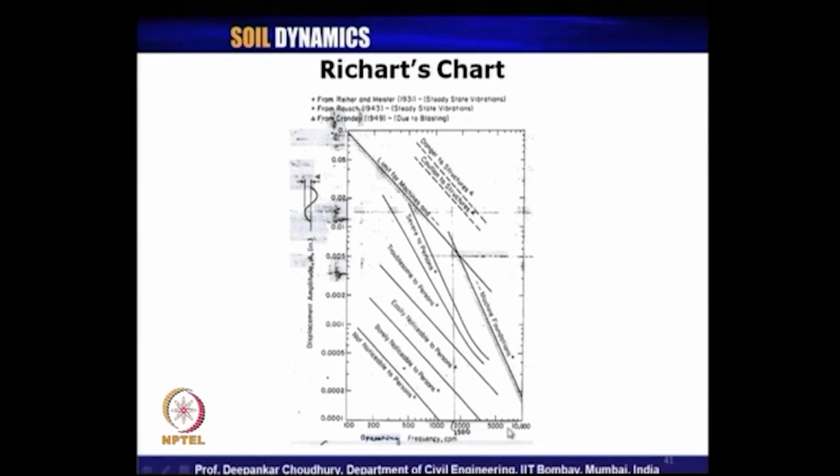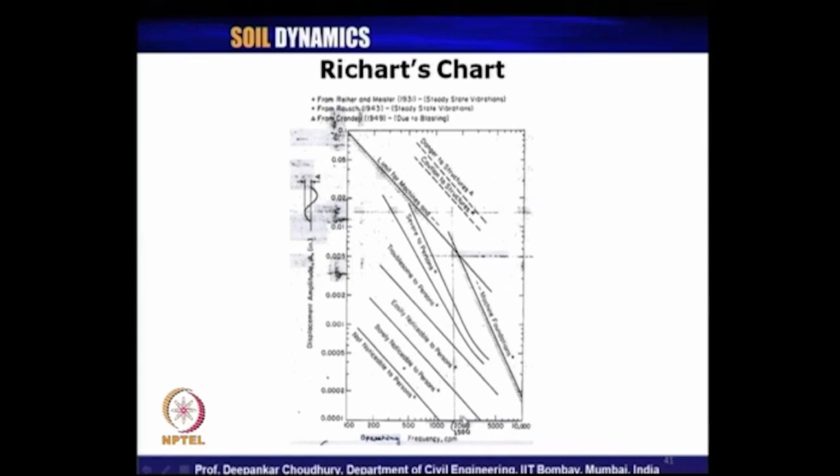And what is the x axis? The x axis gives frequency, meaning the operating frequency of the machine, in the unit CPM, cycles per minute, which is nothing but the same as revolutions per minute. And remember, this x axis is in logarithmic scale, also the y axis is in logarithmic scale. So, that is why this is 100, this is 1000, this is 10,000.